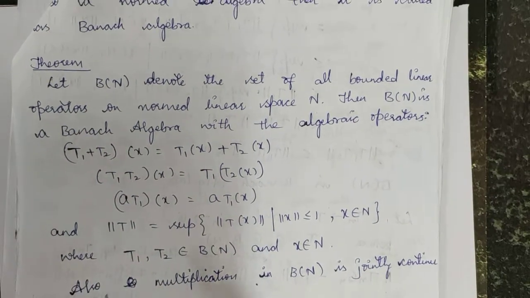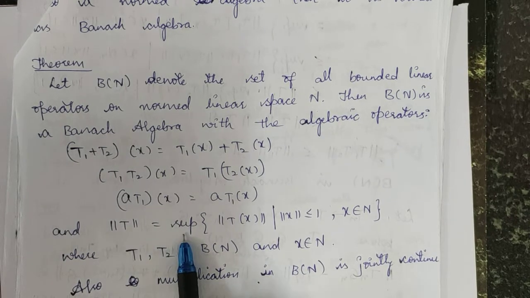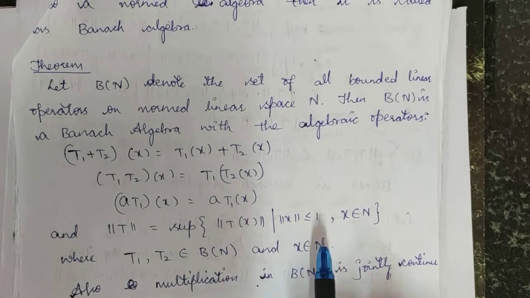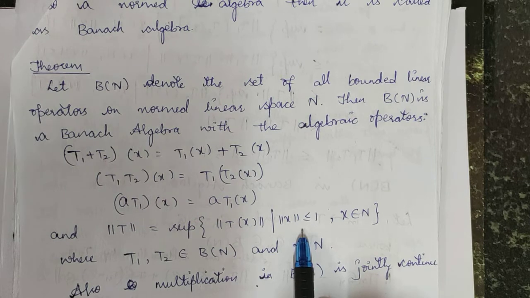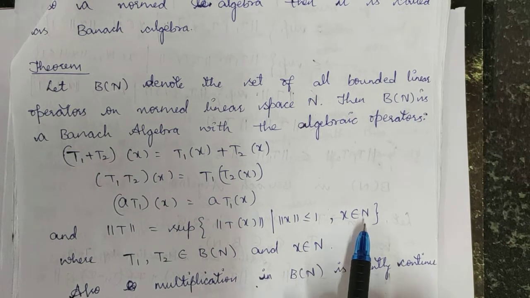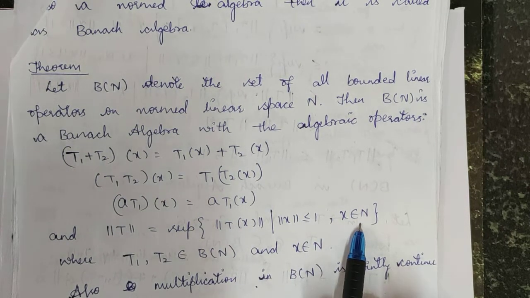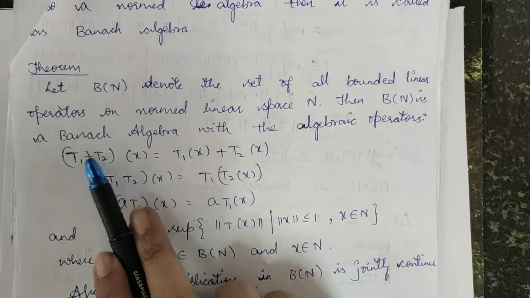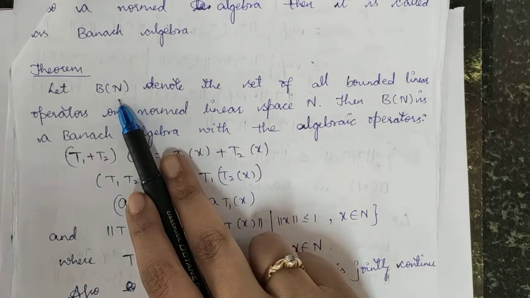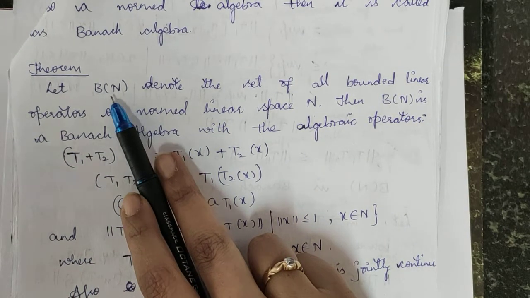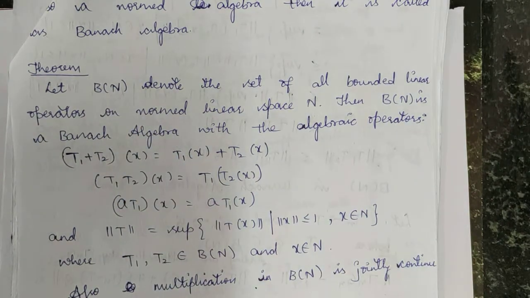And they have given one more, that is norm T is equal to the supremum of norm T of x, such that norm x is less than or equal to 1 and x belongs to n, where T1 and T2 come from B of n. This B of n is nothing but your Banach space.